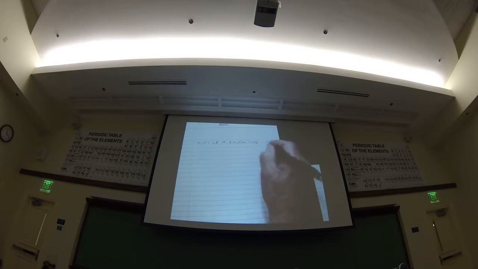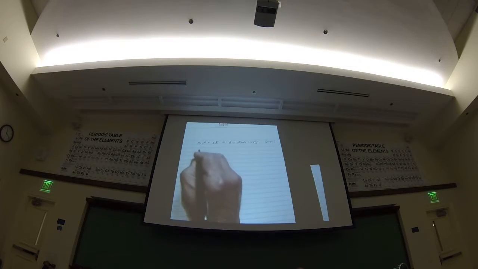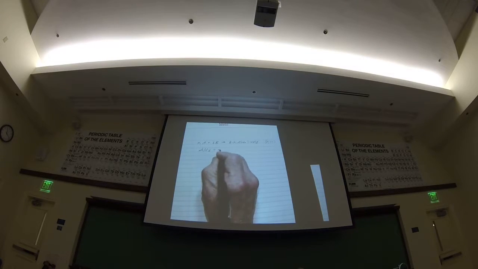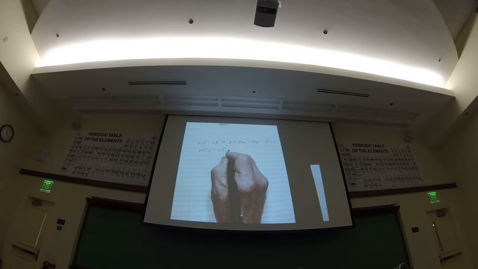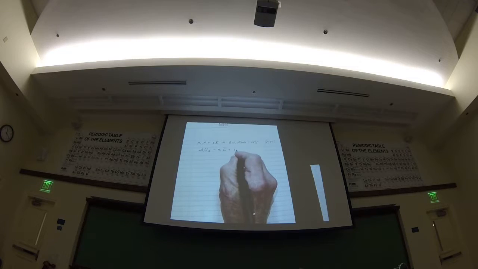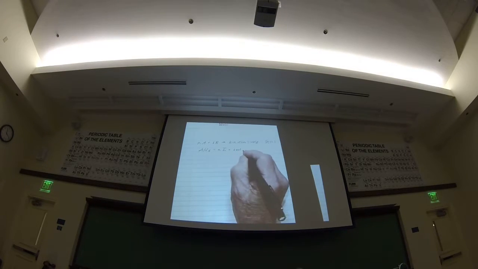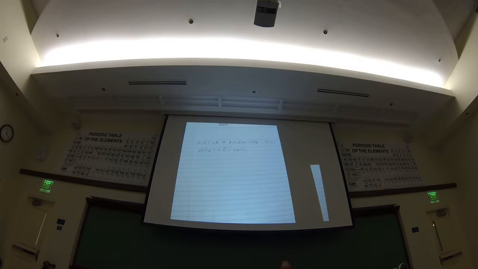Delta H S is equal to N1 L1 bar plus L2 bar, and I'm going to write the units in, otherwise we get in trouble with our units.